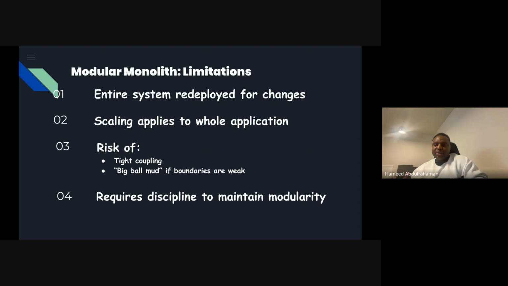So you can't guarantee an uptime of 24/7, because whenever you want to make changes to this application, you have to redeploy the entire unit. So it's not very scalable if you're thinking about having an uptime of about 99.9.